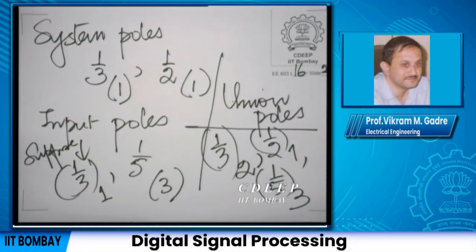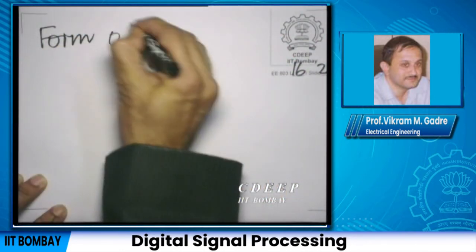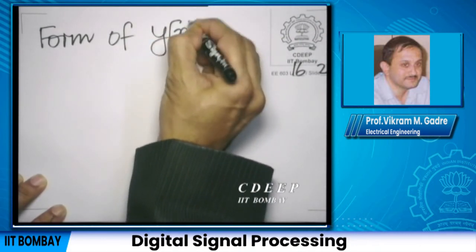Is that clear? Now, once you have the union poles, you know the form of the output immediately. What is the form of the output? The form of y[n].